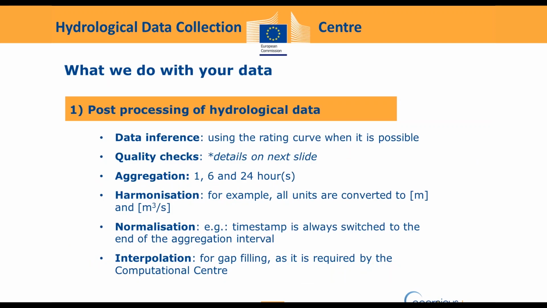Okay, second section is what we do with your data. Different processes are the post-processing of the hydrological data, for instance, data inference using the rating curve when it's possible, the quality checks, more details on the next slide, the aggregation, 1, 6, and 24 hours, operational tables, the harmonization, for instance, all units are converted to meters and to cubic meters per second.